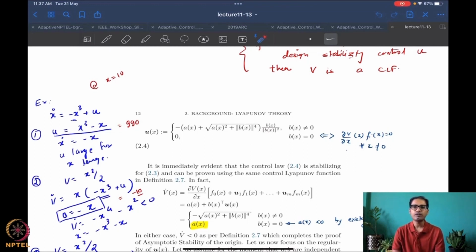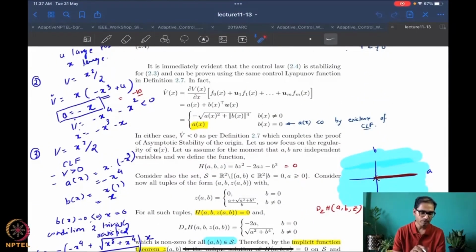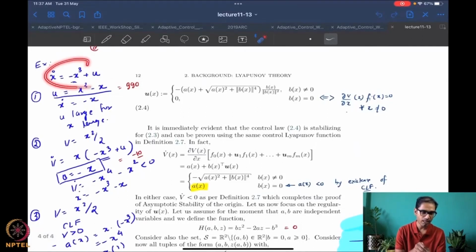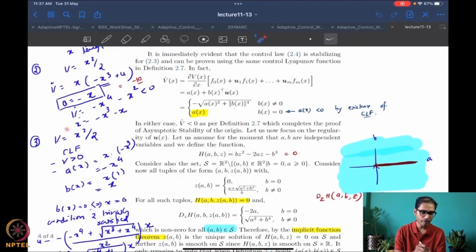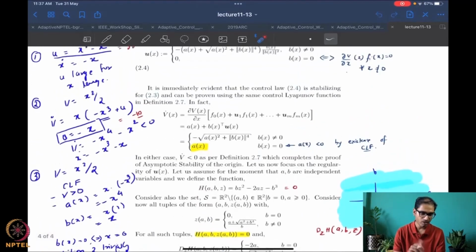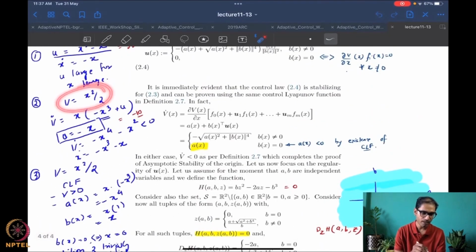So instead of choosing whichever control came out of this particular method of just intuitively choosing a control, just like we see in this example where we took a system x dot is minus x cubed plus u, and we took a V which was x squared by 2, and after taking the derivative we somehow have an intuitive idea of what the control should be, so we just choose it as minus x.